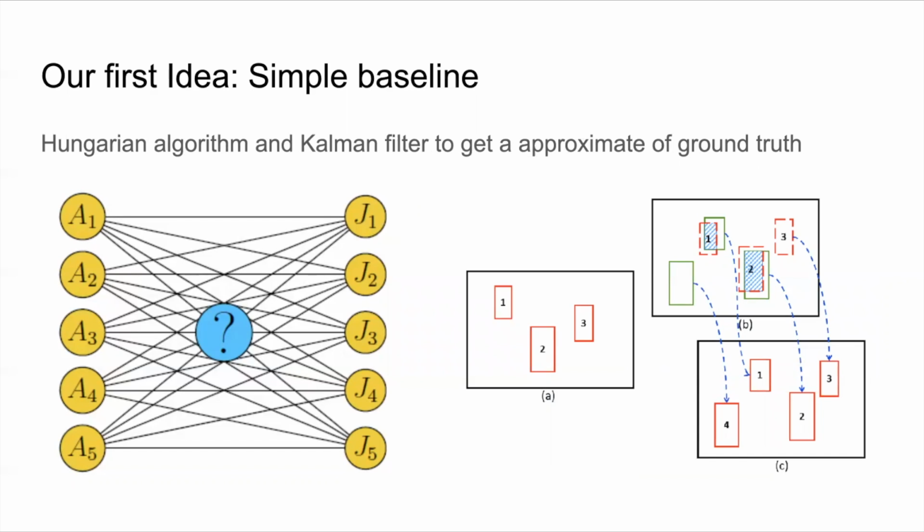We use center distance as our score. In other words, if the center distance between two bounding boxes from two frames is smaller than a threshold, then we consider them the same object, otherwise not. And the Kalman filter is for smoothing the trackers.